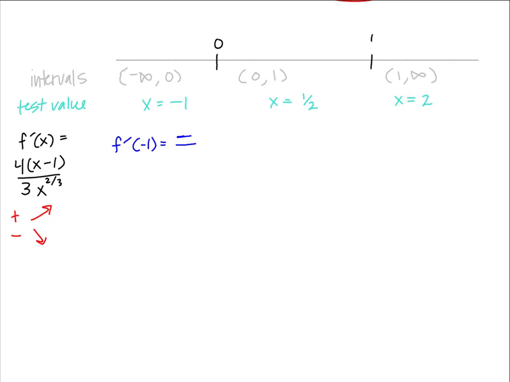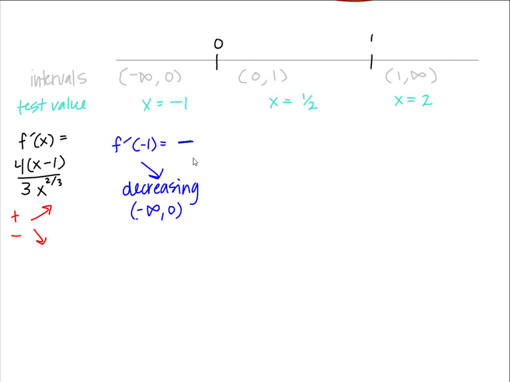So it doesn't matter if I cube root it, it would still be positive, times 3 would still be positive. So I have negative over a positive, and a negative over a positive is, of course, a negative value. So I know that the graph is going to be decreasing from negative infinity to 0.